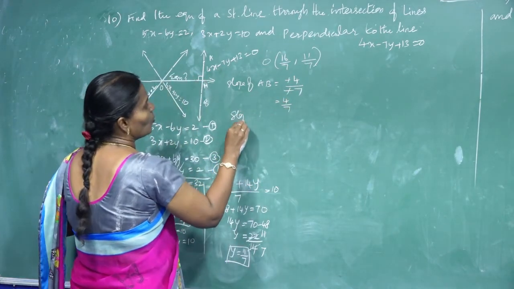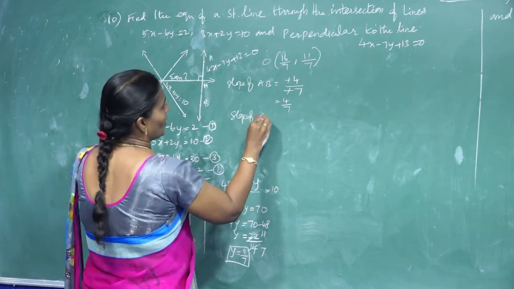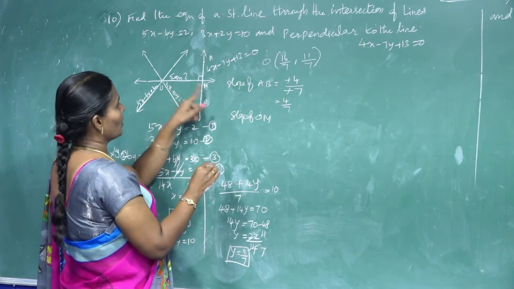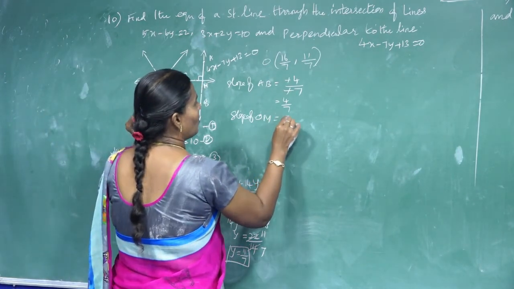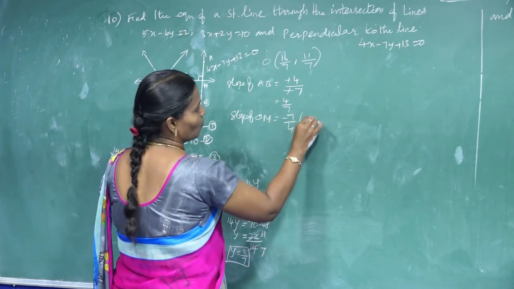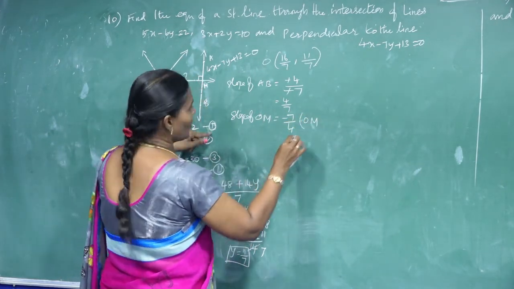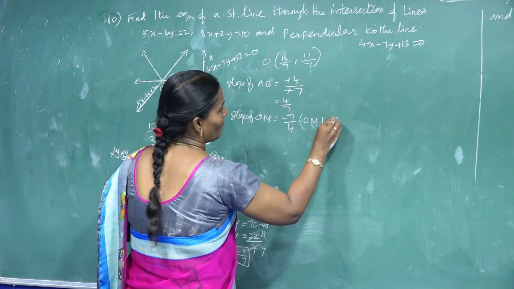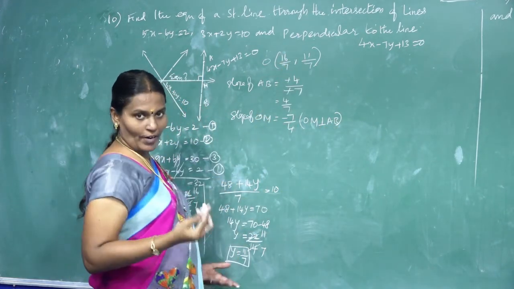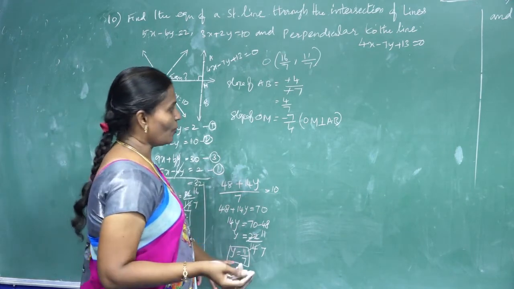Now what is the slope of OM? This is OM, here I give O and here M. So it is minus 7 by 4, because of the negative reciprocal, because OM is perpendicular to AB. Now you know one point and the slope, so use the slope and one point form.